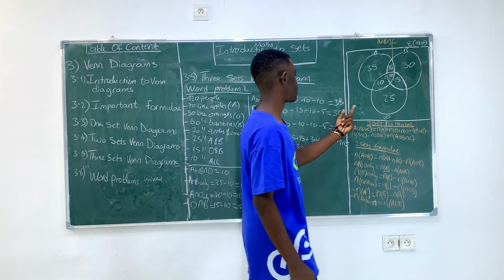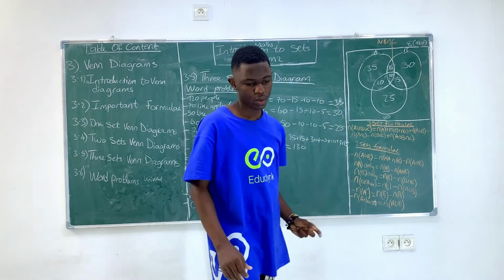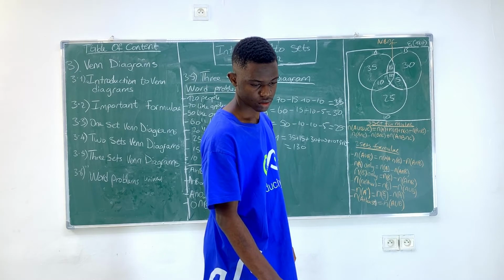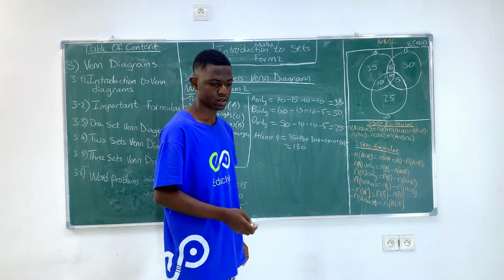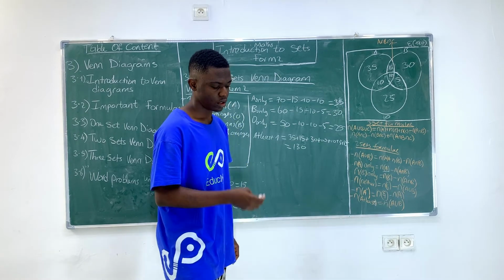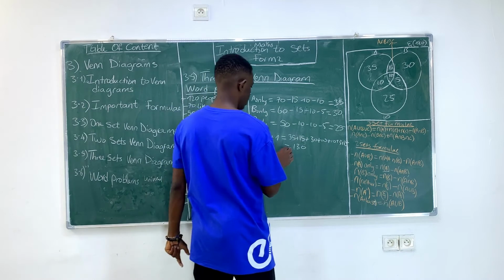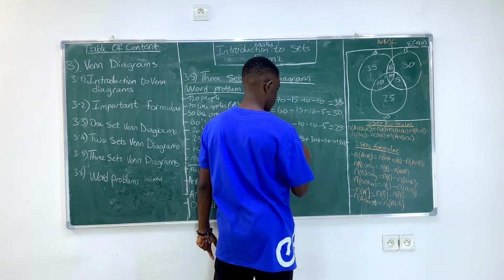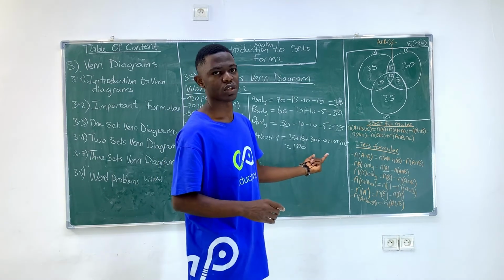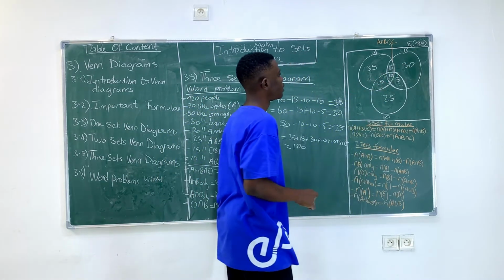I'm going to have 130, which is actually more than our epsilon, which is 120. Normally it's not supposed to be more than our epsilon.